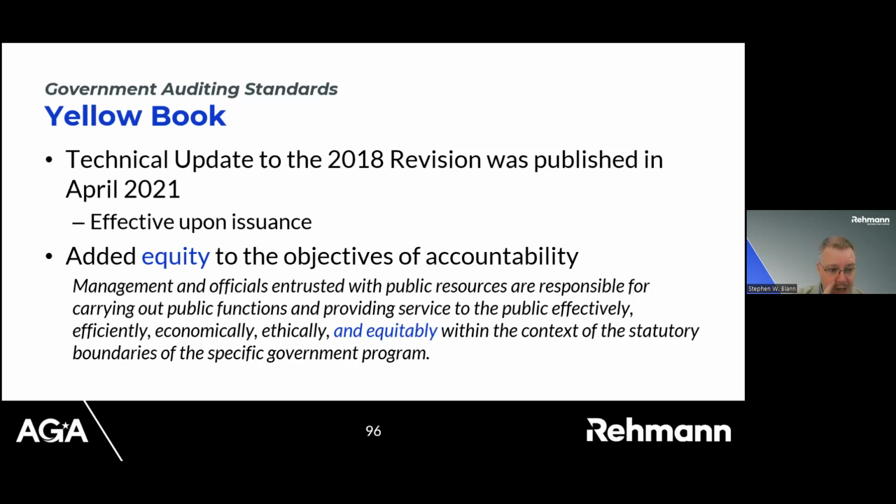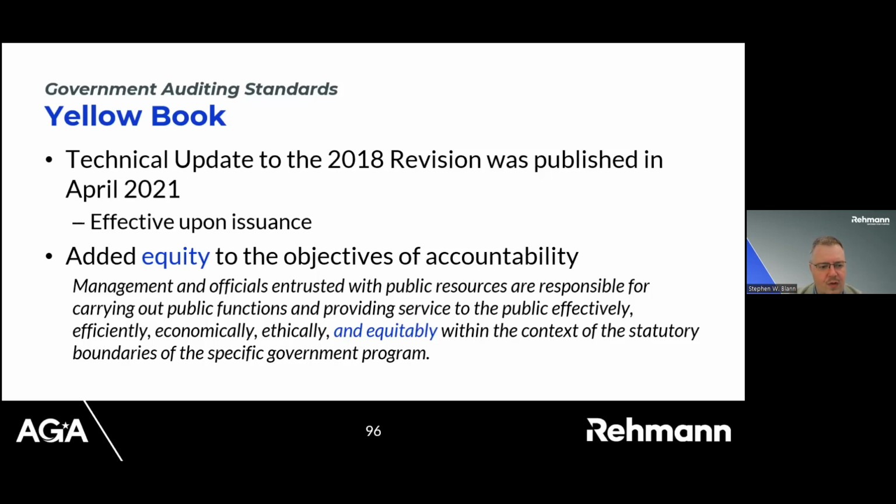So here's a quote from the Yellow Book. Management and officials entrusted with public resources are responsible for carrying out public functions and providing service to the public effectively, efficiently, economically, ethically, and equitably within the context of the statutory boundaries of the specific government program. So the COSO report already talks about effective and efficient operations.